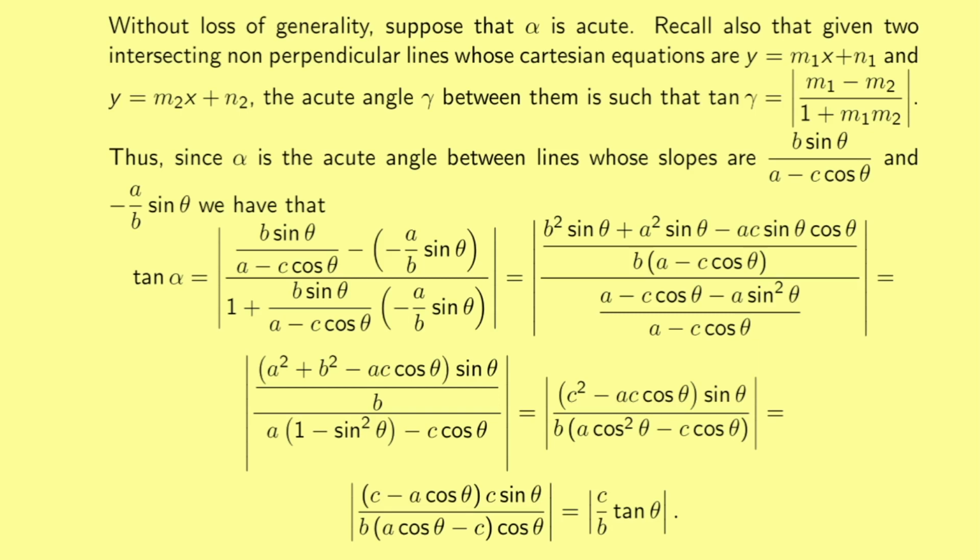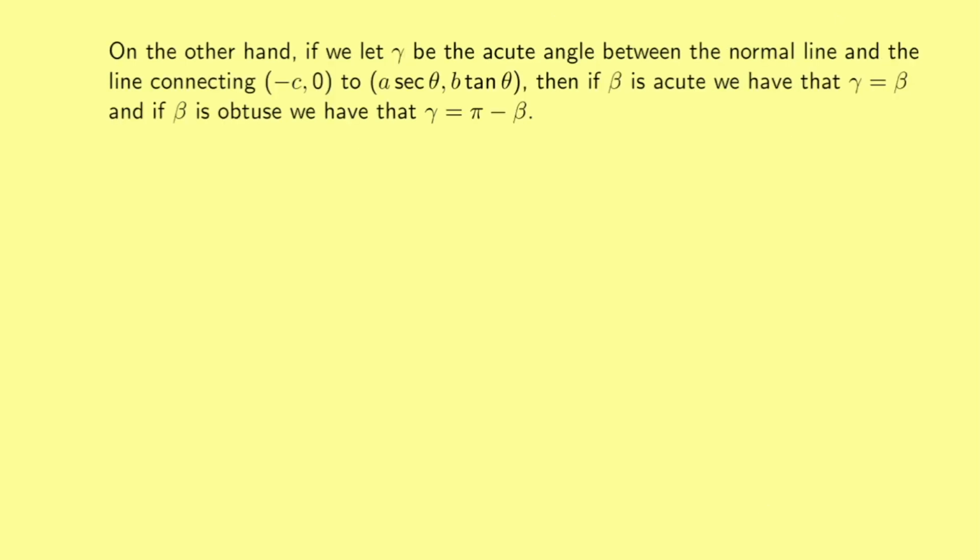Now we're going to deal with beta. Okay, so now if we call gamma the acute angle between the normal line and the line connecting minus C0 to the line, we can use the formula we used before.